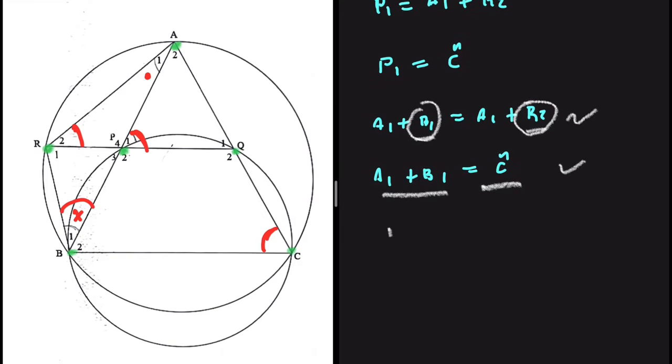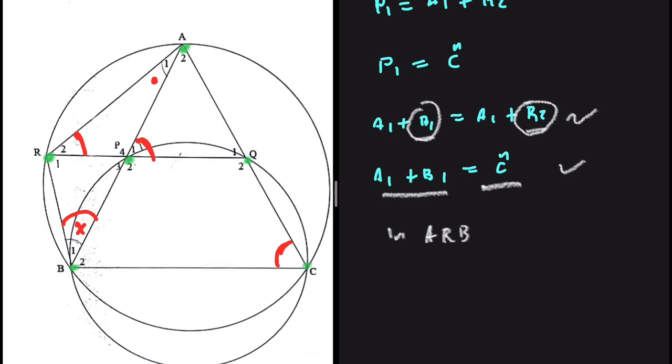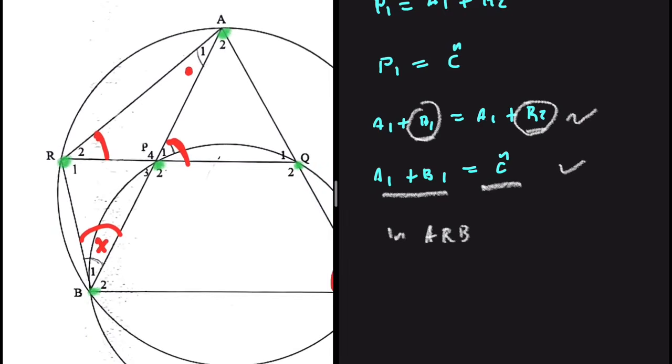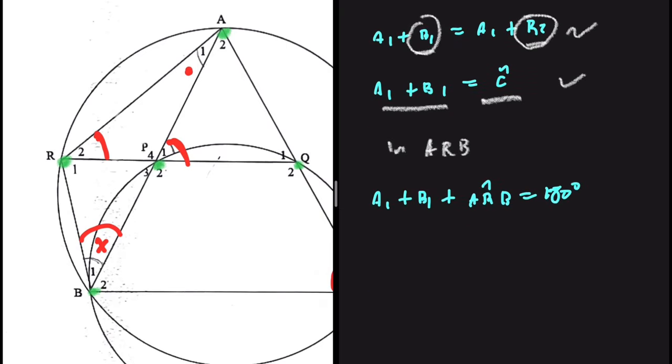So in triangle ARB, take your attention to triangle ARB. You will realize that A1 plus B1 plus angle ARB is equal to 180 degrees. This is just the sum of angles in a triangle. Then angle ARB will be equal to 180 minus A1 minus B1.